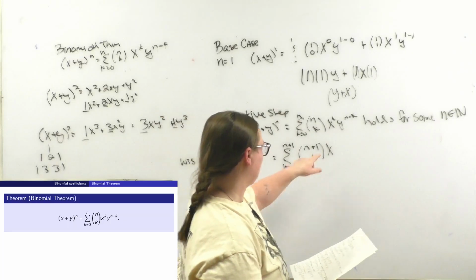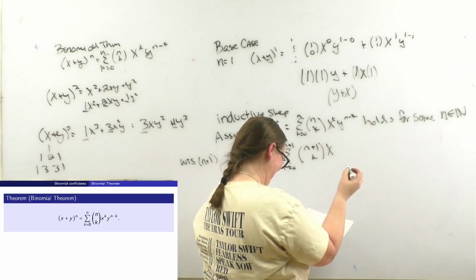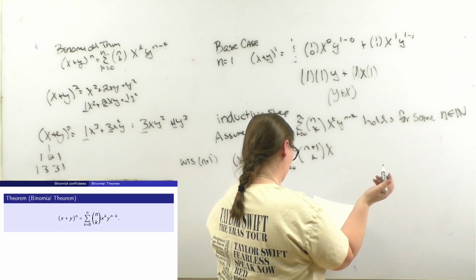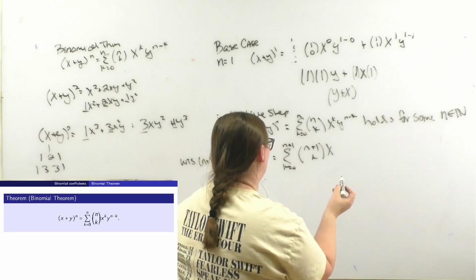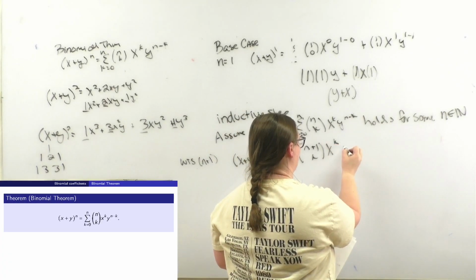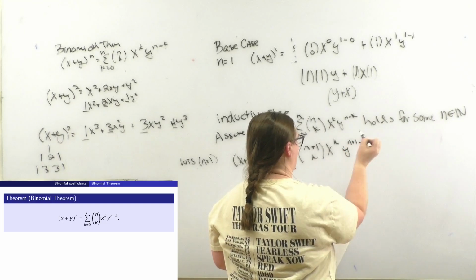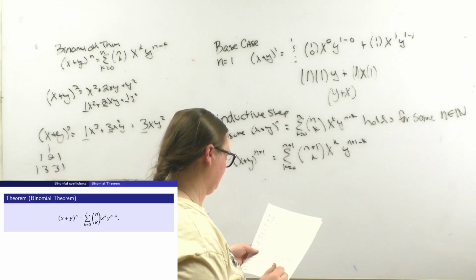Can I read my handwriting? That's a k, right? Yeah. I think it's a k. Okay. And this is n plus 1 minus k.